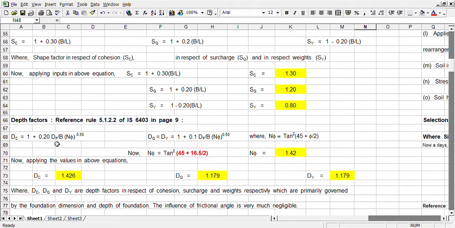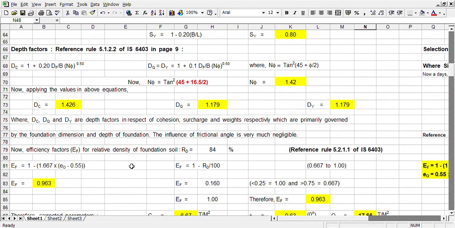Now another factor is there, the depth factor. These are the depth factor corrections. I have converted everything to mathematical equations instead of writing directly from the code table.